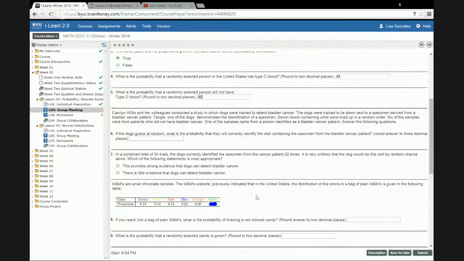Right, so basically they're asking what are the odds that the dog would get it right if it didn't actually smell them, if it was guessing. So it would have 1/7 chance, right? 1 out of 7. Yes. So that would be 1 divided by 7. That would be 0.143. Yeah, that's what I got.